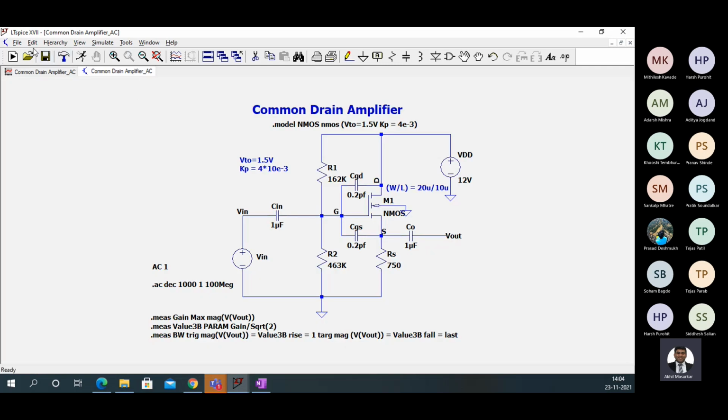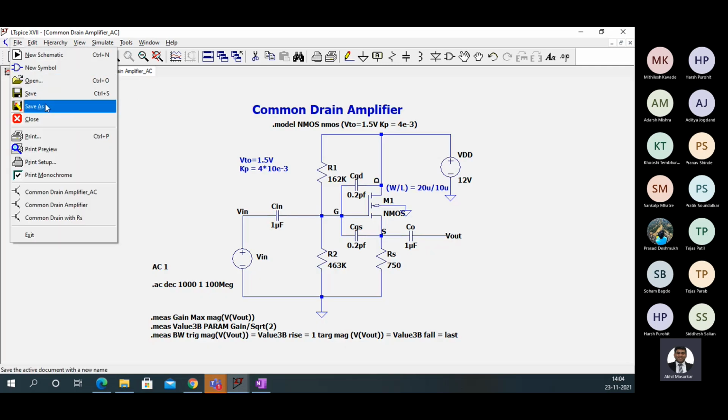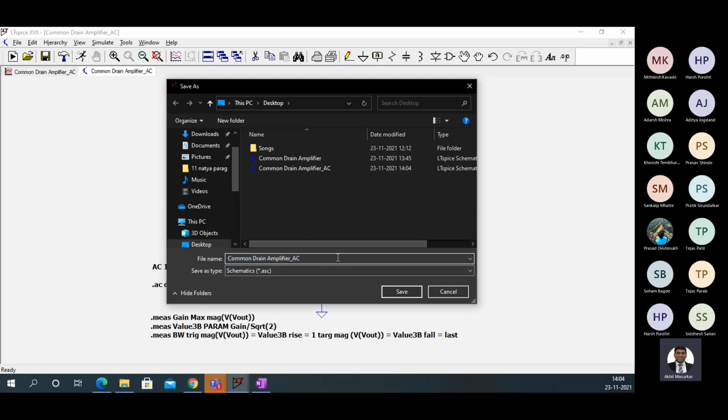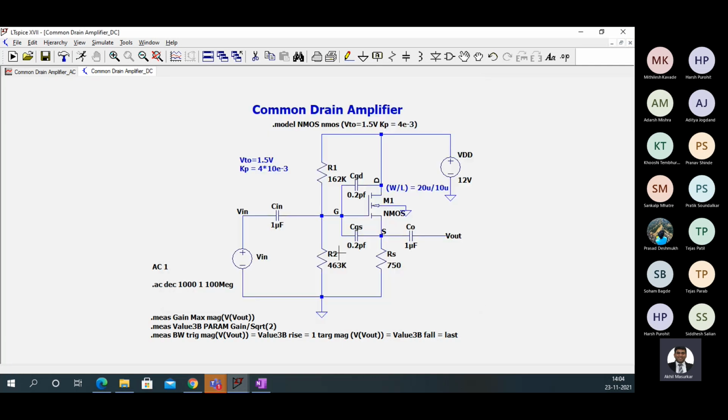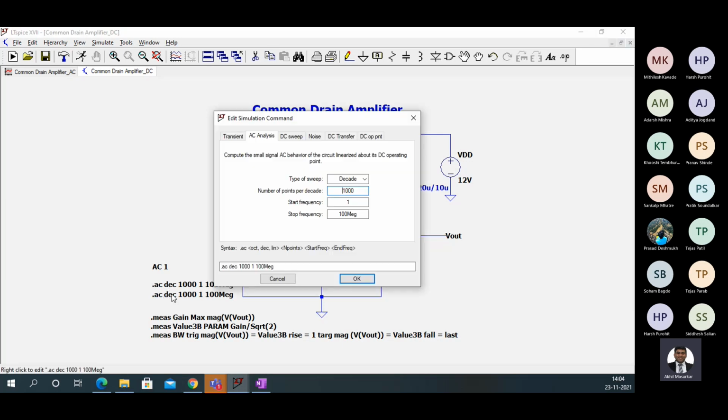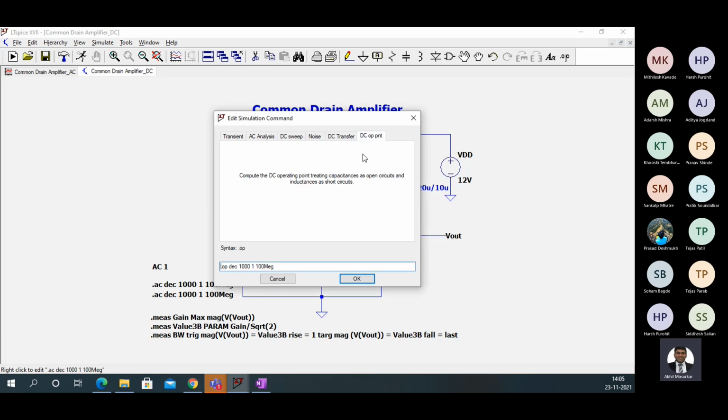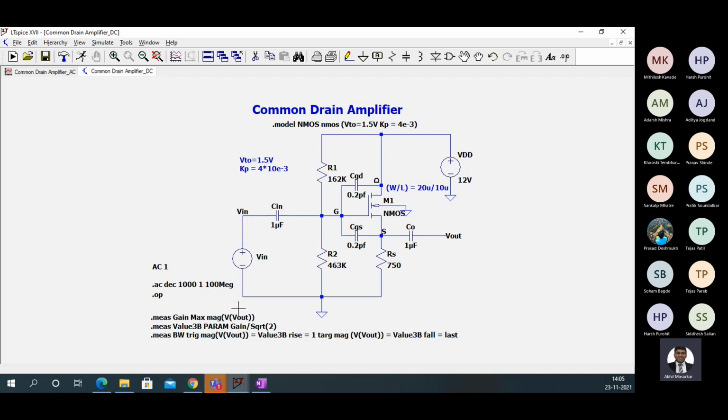Now let's save this as underscore DC. Now I'm copying this dot AC, and inside this itself I'm going to the dot OP, removing everything else.